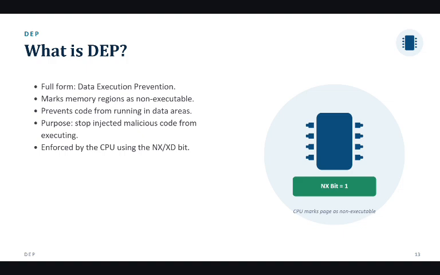The purpose is straightforward: stop injected malicious code from executing, even if an attacker manages to place it in memory. This is enforced directly by the CPU using a hardware feature called the NX bit or XD bit on some processors, shown here as the chip flipping that bit to mark a page do not execute.